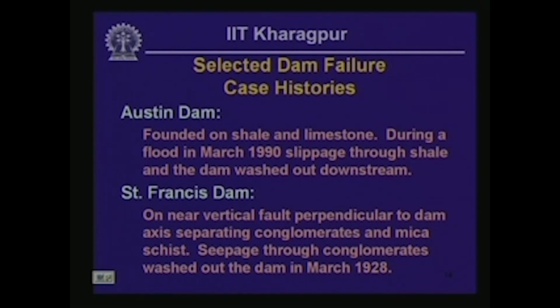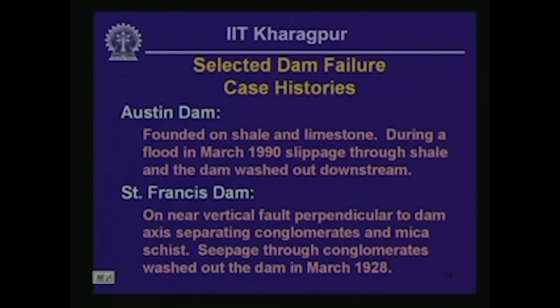Both these dams, Austin Dam and St. Francis Dam, were constructed as embankment dams, but you could have similar problems in case of other dam types such as gravity dams, and you need to design the dams in such a manner that such possibilities are precluded.